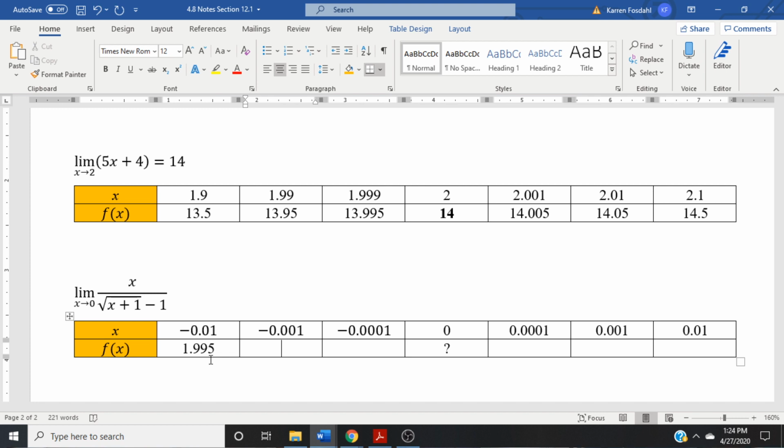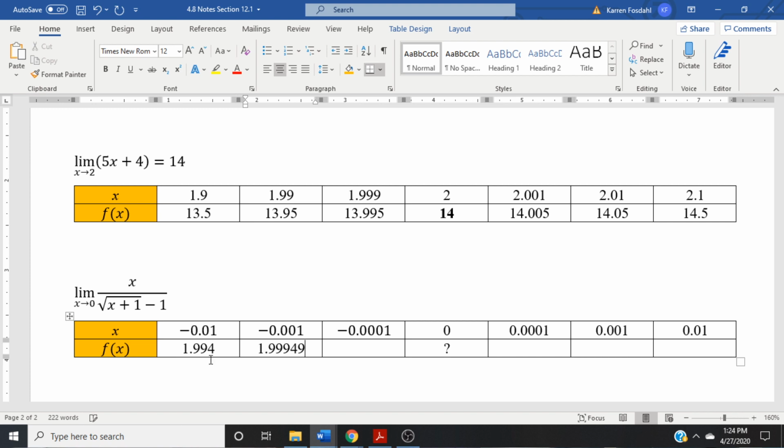Okay, we'll do 1.9. Then we plug in negative 0.001 divided by the square root of negative 0.001 plus 1, and then that whole thing minus 1, and we get 1.999. Let's just do this for the sake of showing progress.